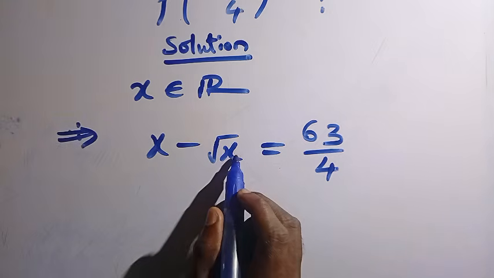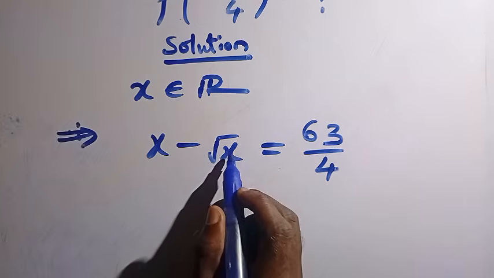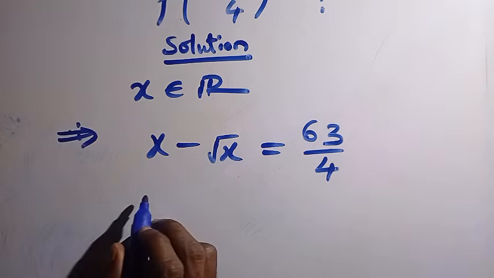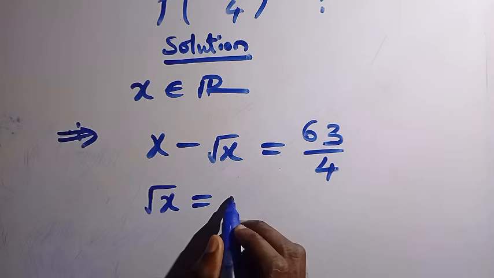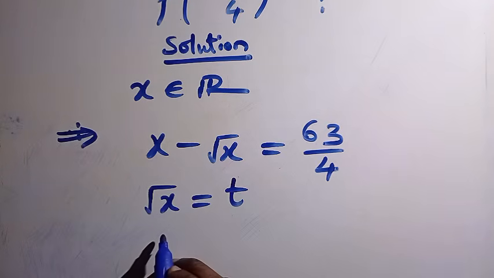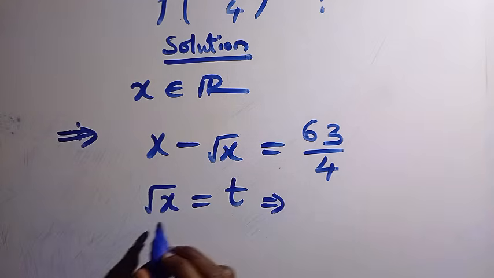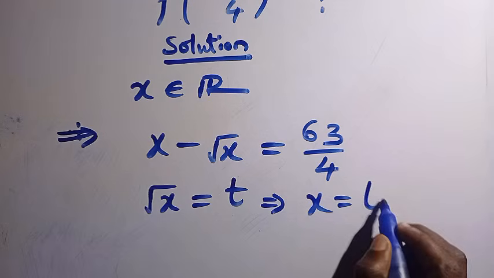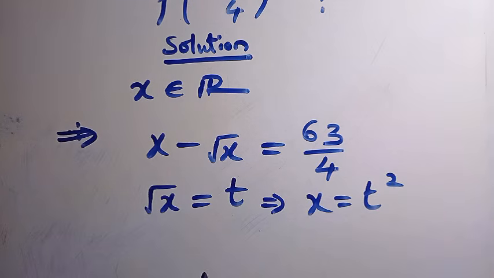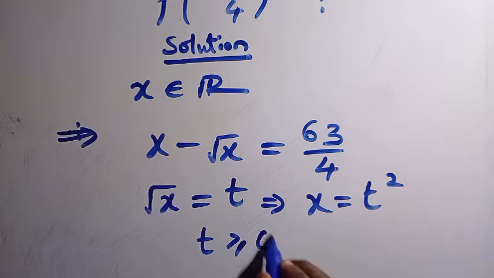So here we have root x. This is the most complex part of it. Let's say I let root x equal t, for instance. Then if I take the square of both sides, we have x equals t squared, and t here is greater than or equal to 0.